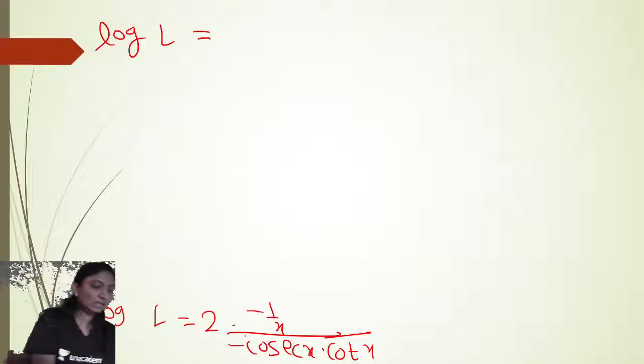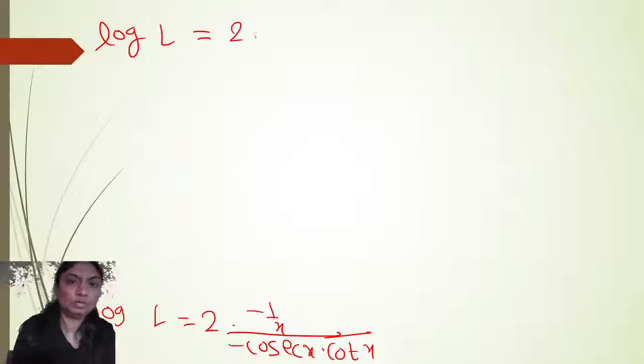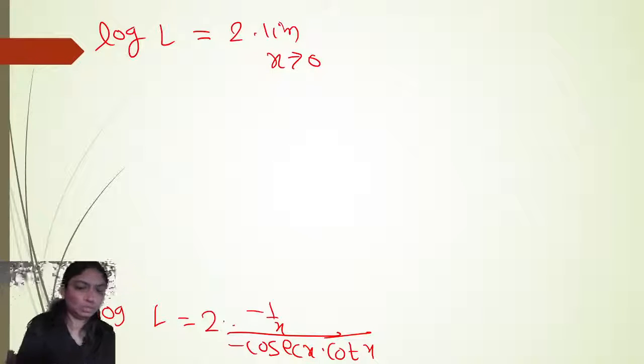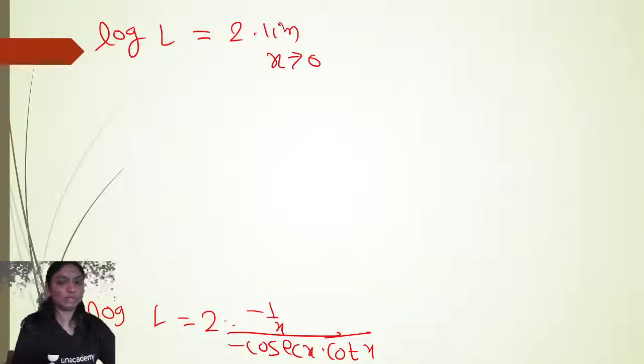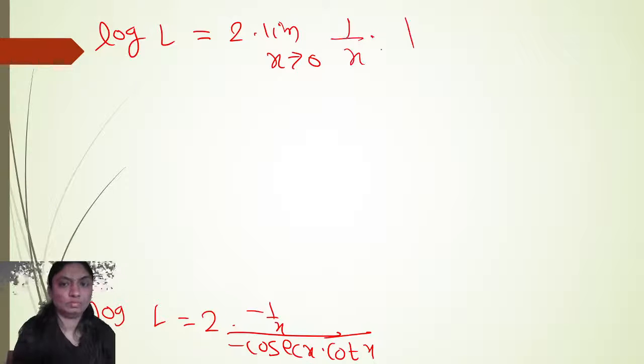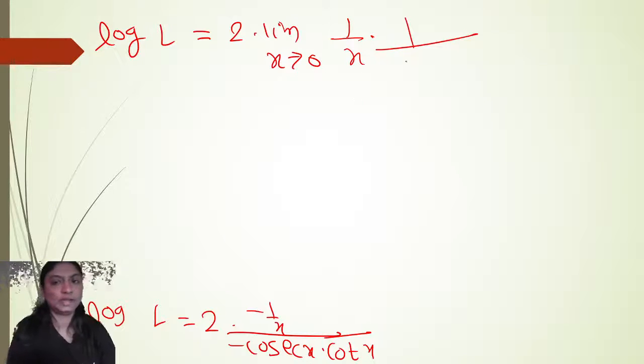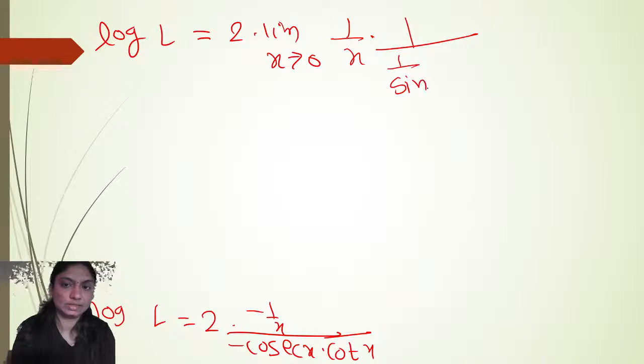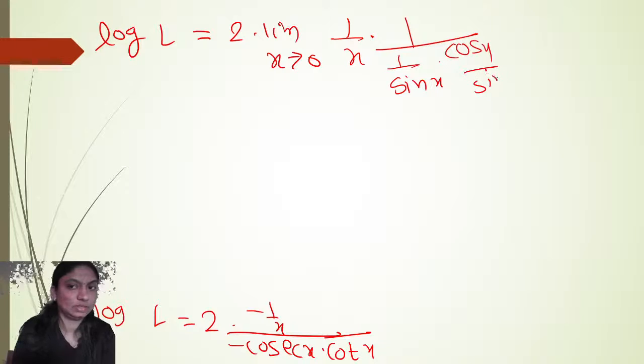Now 1 by x into 2 into limit as x tends to 0. We get 1 upon x into 1 upon cosec x, it means 1 upon sin x, cot x, it means cos x upon sin x.